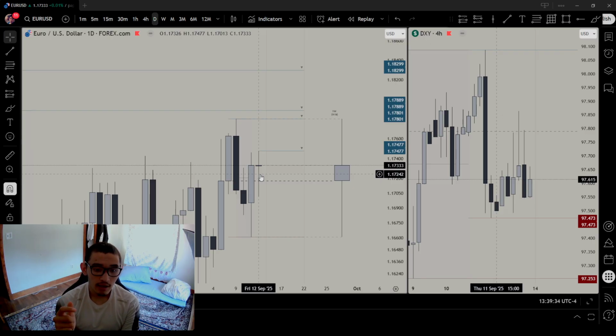So if I miss one protocol, I will not take the trade. I need everything to be there, and when everything is there, that is considered a high probability setup. Anything other than that is a low quality gamble, which I don't take, right?